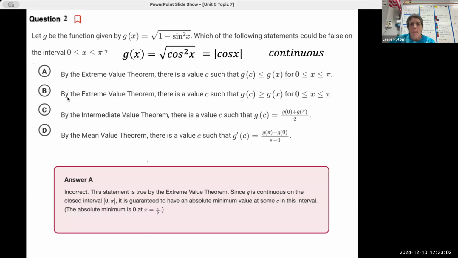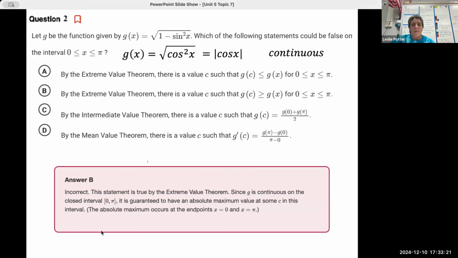Let's look at response B. Response B says the extreme value theorem says there's a value C such that G of C is greater than or equal to all function values in the closed interval. So that means we would have an absolute maximum. And so, again, that's a true statement. G is continuous.